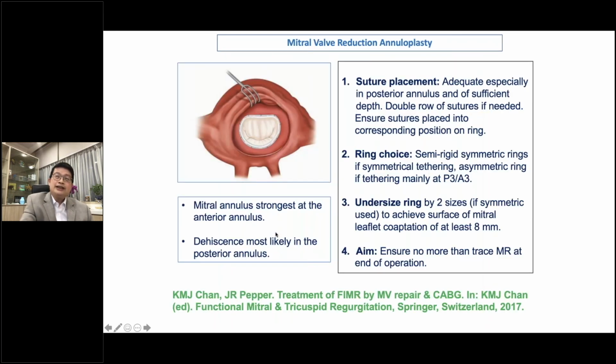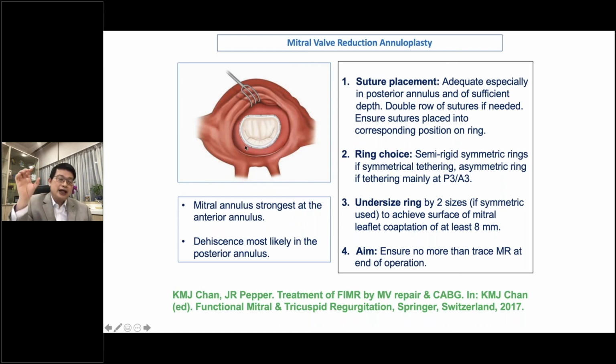Now, if that's the case, then in those patients, there is limited role for LV reverse remodeling or heart failure medications, because the left ventricle is normal in those patients. So those patients would benefit from valve repair surgery, and to correct the mitral regurgitation in that group of patients, we will just put in an annuloplasty ring.